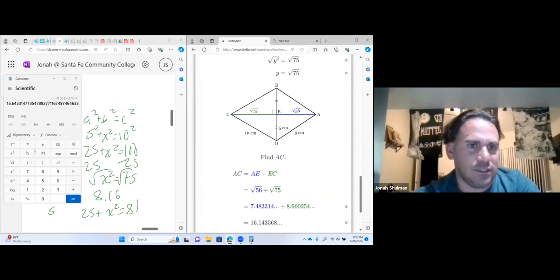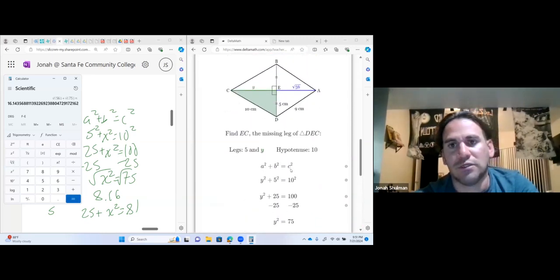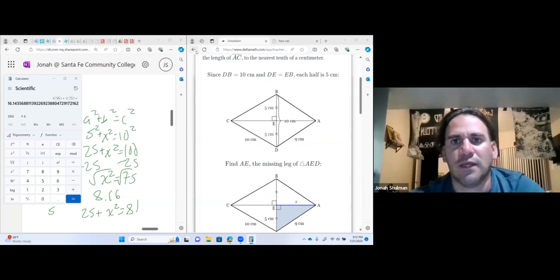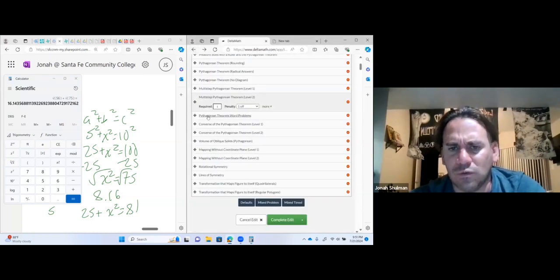It's the calculator again. Oh, that's so annoying. I had the right answer. So square root of 56 plus square root of 75. Well, I'm not going to question it. It is what it is. I got it right. All right, let's do a word problem.